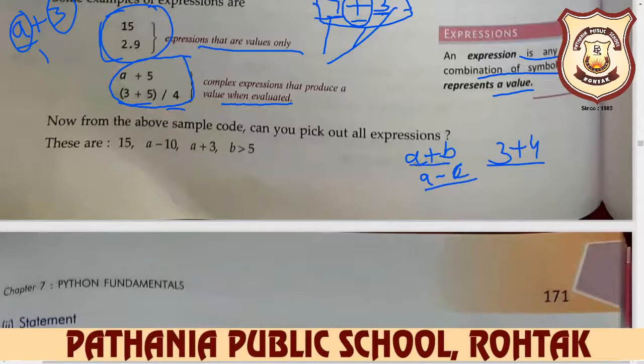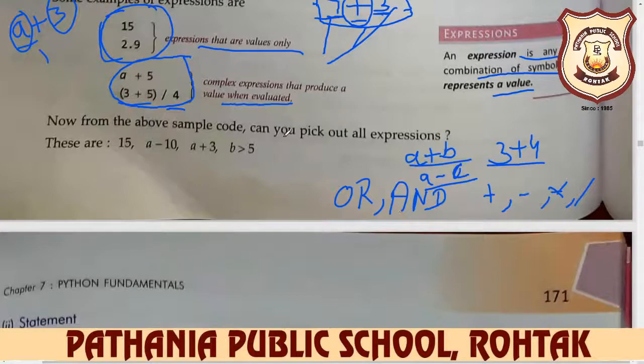These all are your expressions. These values are your operands, and plus, minus, multiply, divide, or, these all are your operators. Okay, so the first component we require is expression.